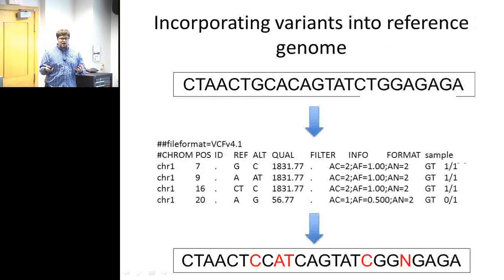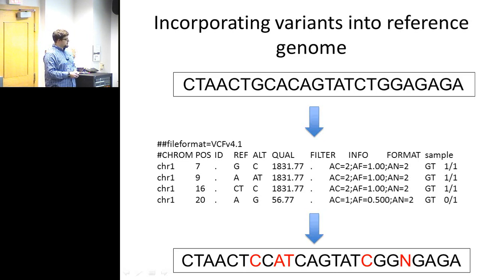And finally, once we have our set of variants, we need a tool to incorporate them back into our reference genome. So if we consider this was our original reference genome, we input a set of high-quality variants. This is a file format known as VCF, variant call format. After inputting this information, we'd like to be left with a reference genome that has incorporated both single nucleotide variants, insertions, and deletions.